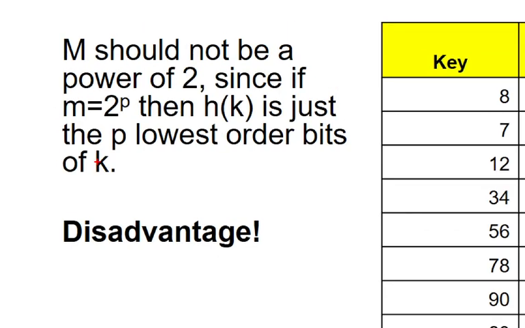So practitioners recommend that m should not be a power of 2 like 2 raised to power 3, which results in 8, right. Any size of the hash table equal to a power of 2 is not a good number, so try to avoid that.